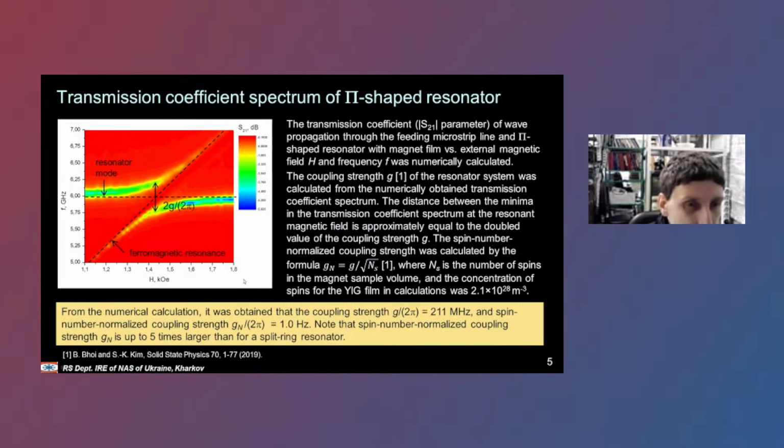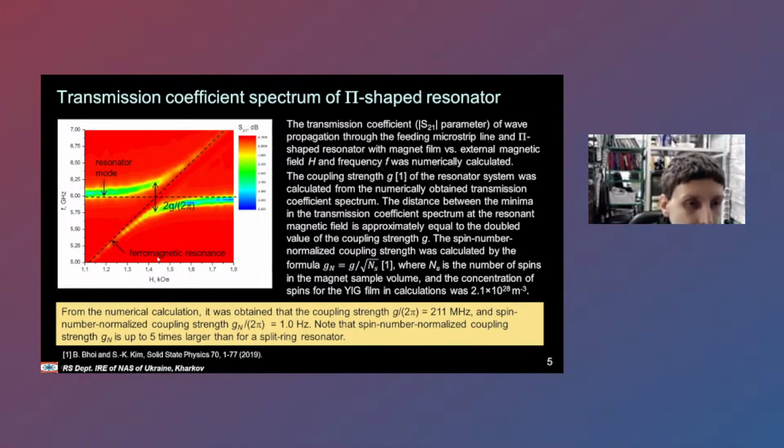Then we obtain a two-dimensional color map graph. Here we can see the horizontal line is the resonator mode. Also, we can see the ferromagnetic resonance mode. In such a graph, we can see the anti-crossing effect of these modes.